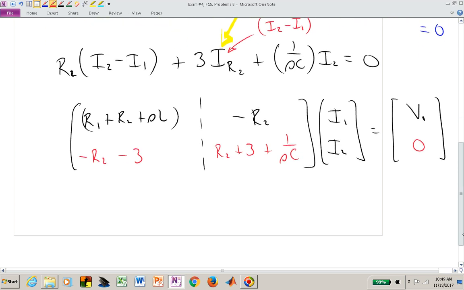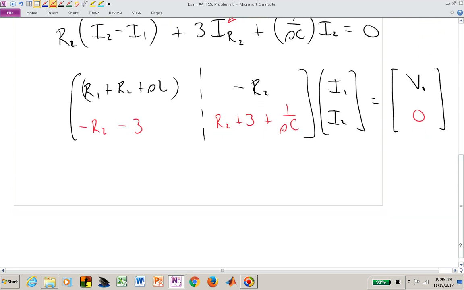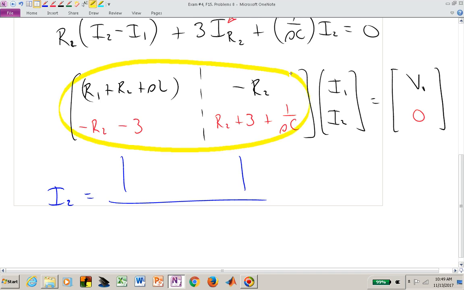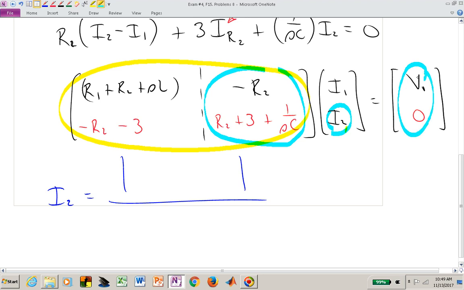Now we could actually use Cramer's rule if we wanted to solve for I sub 2. I sub 2 is now the determinant of this impedance matrix with the second column, since we're solving for I sub 2, replaced with the source.